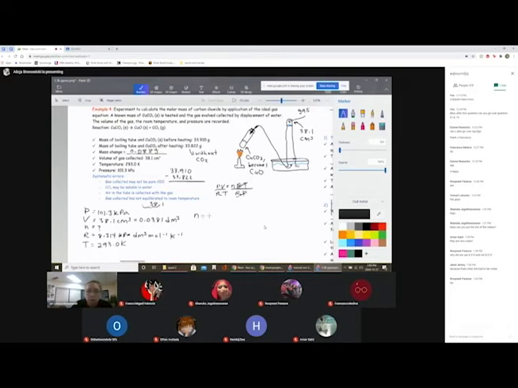Okay, so n equals PV over RT, equals 101.3 kilopascals, my volume is 0.0381 dm3, over 8.314 kPa dm3 mole minus 1 K minus 1, and then 293.0.